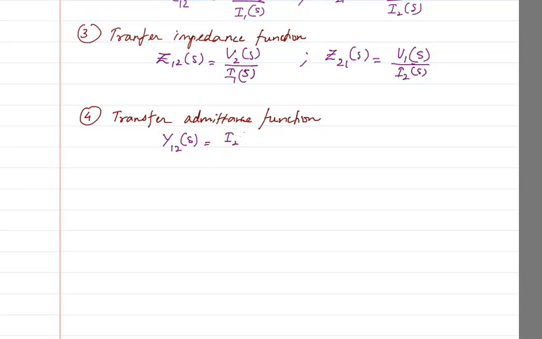That we get by looking at what is the current at the second port when voltage V1 is applied at the first port. Similarly, Y21 of S is basically what is the current at first port when voltage is applied at the second port.